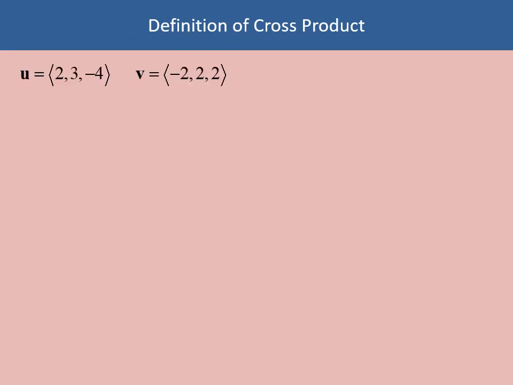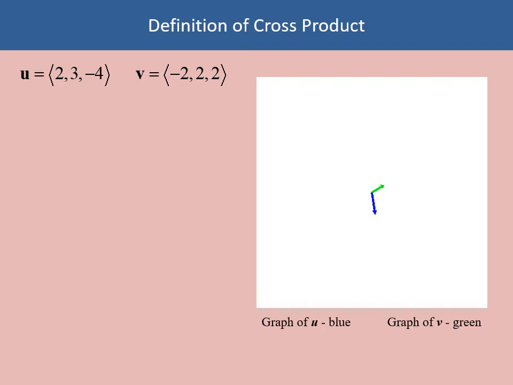Now, here's a graphic to help you see what the cross product does. I've graphed in Maple the two vectors u and v, blue and green respectively. We're going to do the cross product of u cross v.